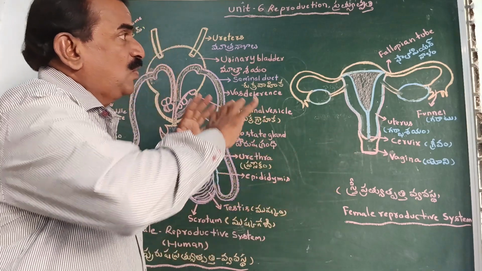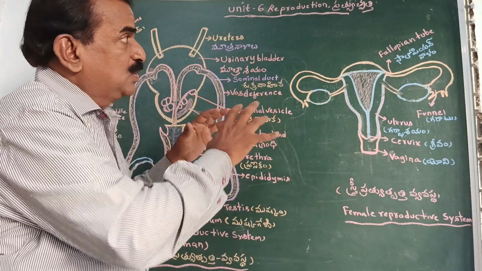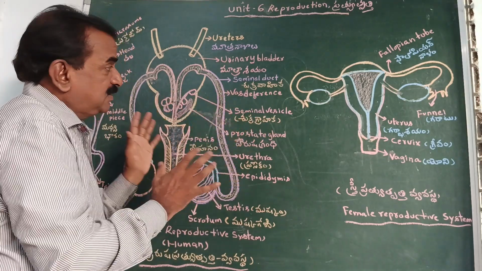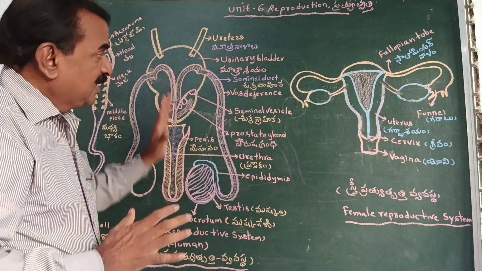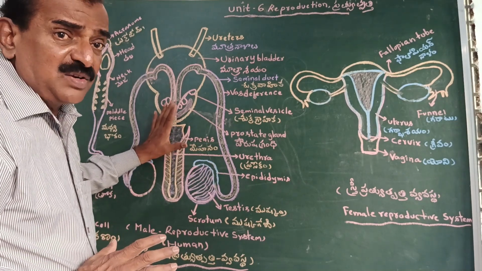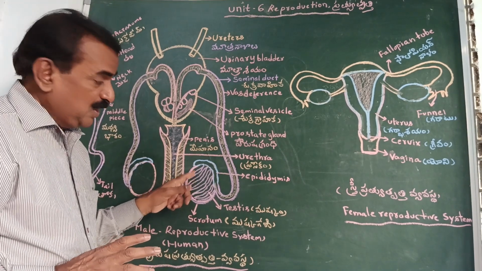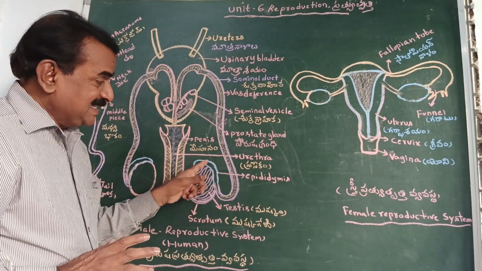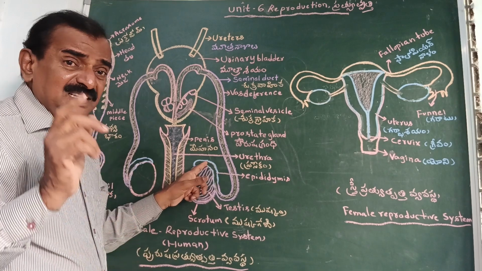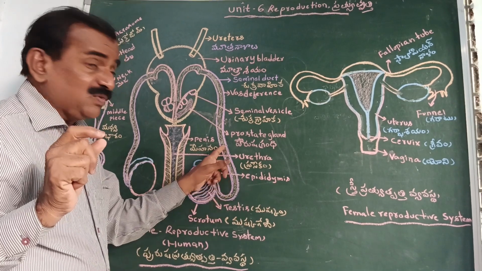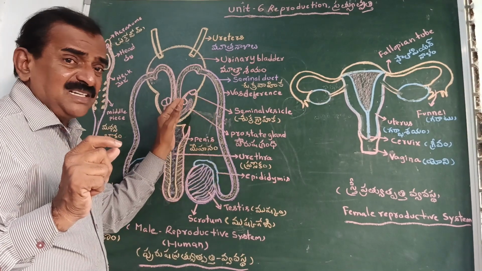Okay, now we are going to look once again at the important points of the male and female reproductive systems. This is the male reproductive system. I already told you a pair of testes, seminal vesicles, and vasa efferentia are present. This is the epididymis, useful to store sperm temporarily, and this is the vas deferens. Ejaculatory ducts, seminal vesicles, Cowper's glands and the prostate gland are present.